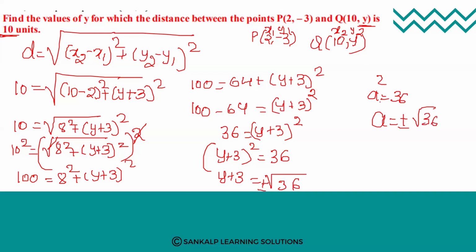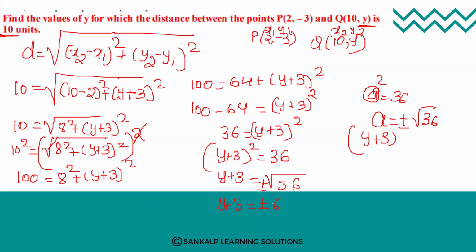Like that a value is y plus 3 here. So what is the value of y plus 3? Plus or minus square root of 36. That means 36 is a perfect square number. So y plus 3 is equal to plus or minus 6. Okay, that means it has two roots. One is plus root and another one is minus root.